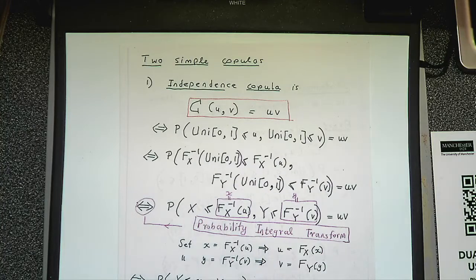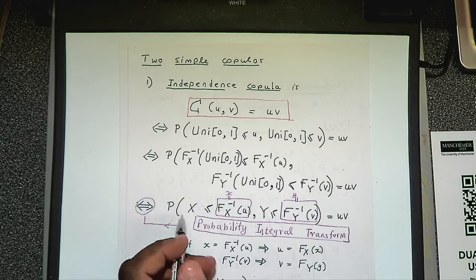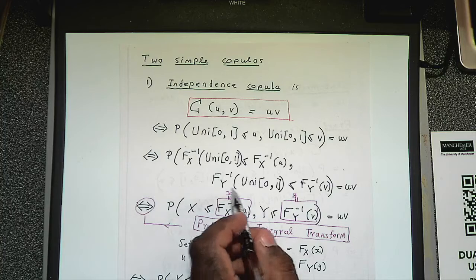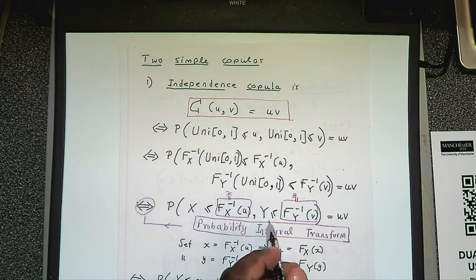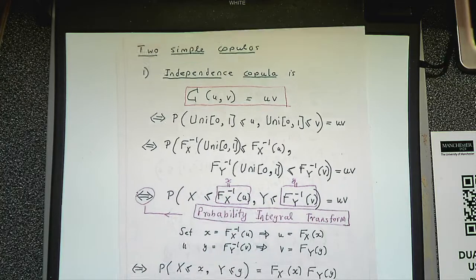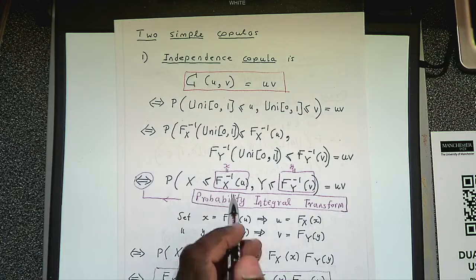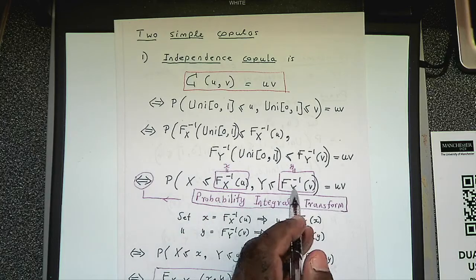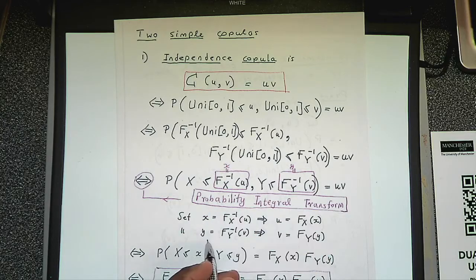Now, once again, by the probability integral transform, what you have here is equal to x, and what you have here is equal to y, right? So this becomes equal to this. Now let this be denoted by little x, and let this be denoted by little y.